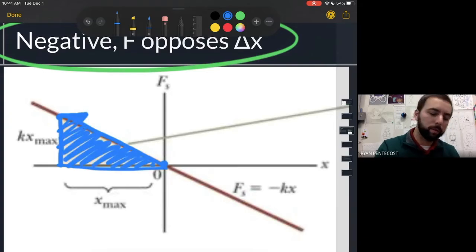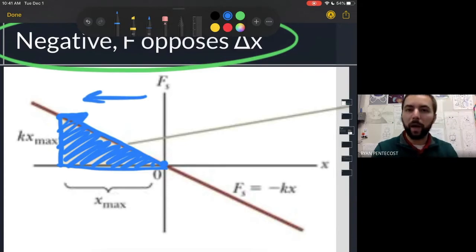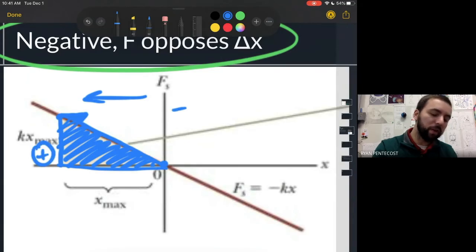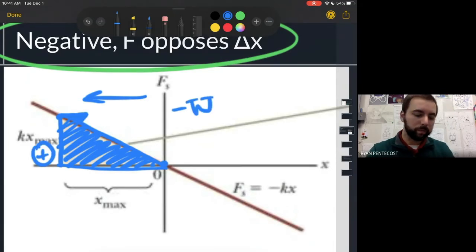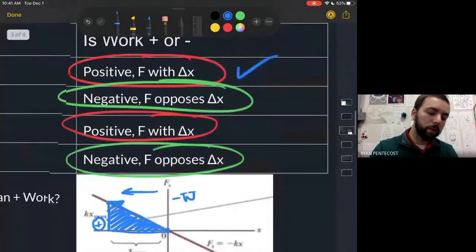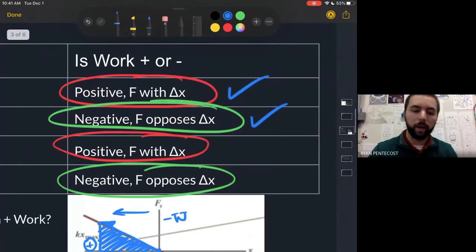That doesn't mean work is positive, because now we're going from right to left. This is backwards math. So whatever the area is, if the area is positive, you're going to flip it to figure out the integral, because integral isn't just area under a curve. You also have to consider, are you going forwards or backwards? Here we're going backwards, so here you have a negative work, and we agreed up here, negative work.